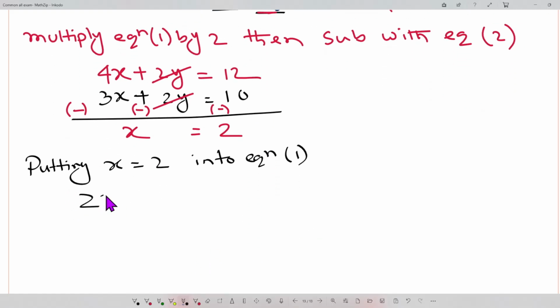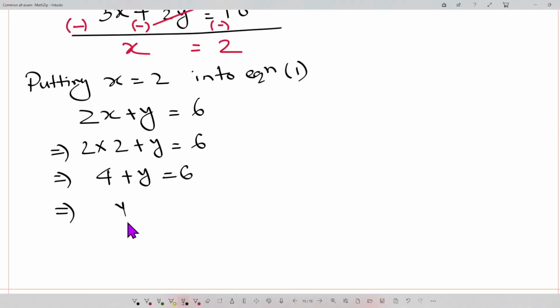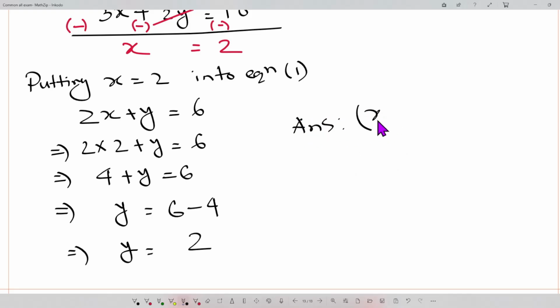So 2x plus y equals 6, then 2 times x means 2 times 2 is 4, plus y equals 6. Then we subtract 4 from both sides, so y equals 6 minus 4, which is 2. So the answer is x equals 2 and y equals 2.